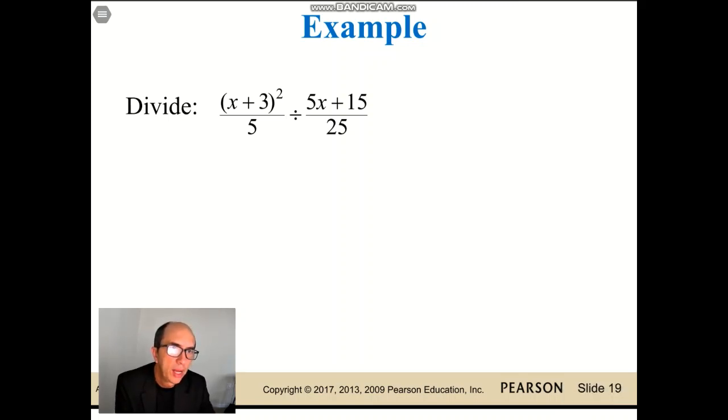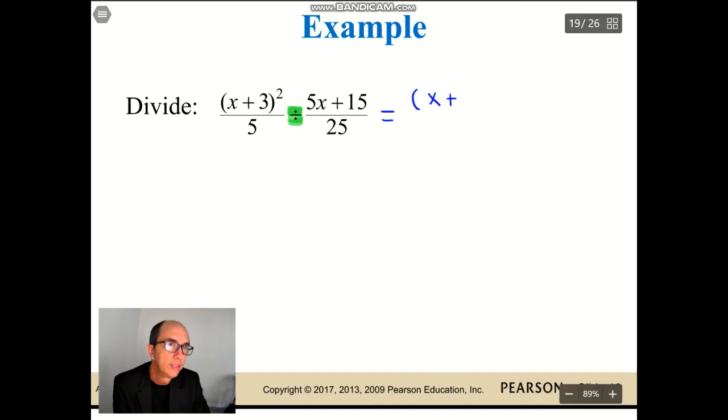Check it out. We have this rational expression here, parentheses x plus 3 squared over 5, divided by the rational expression 5x plus 15 over 25. To operate this division, we repeat the first rational expression, the first term, over 5.